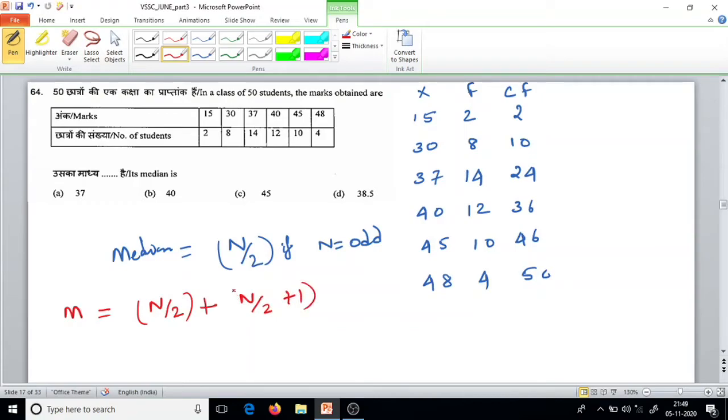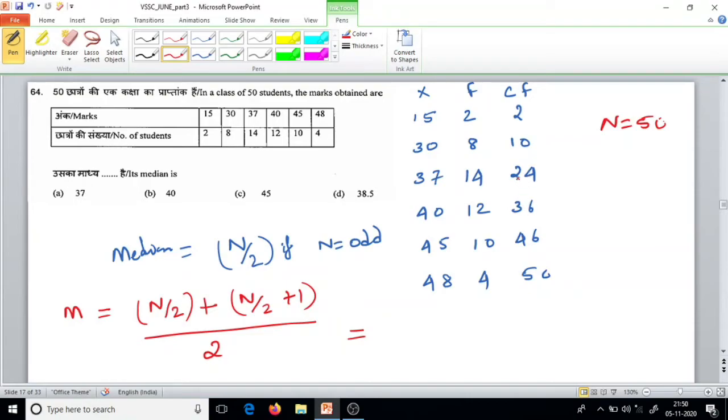Now what is our n? n equal to 50 here, so n by 2 equal to 25. Now where does 25 lie in this group? After 24 it is 36, so 25 is 40.